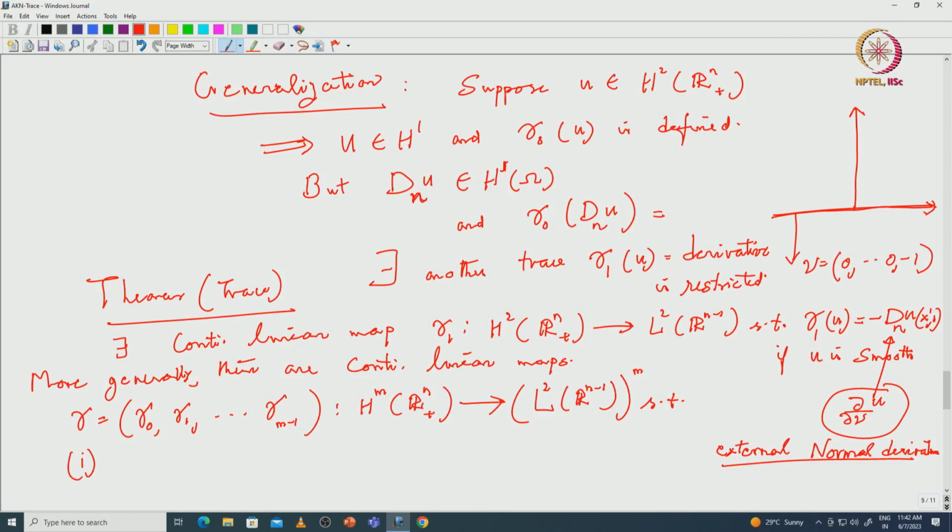The main thing is the range of gamma. Each time, for gamma naught, you lose what we call a loss of regularity of half. This observation you have to make in the trace theorem. When you started with u in H1 of R^n plus, you got the trace in H half of the boundary. More and more Hr means more and more regularity, so you lost a regularity of half. Once you take a derivative, you already lose one derivative, and then when you restrict you lose another half.